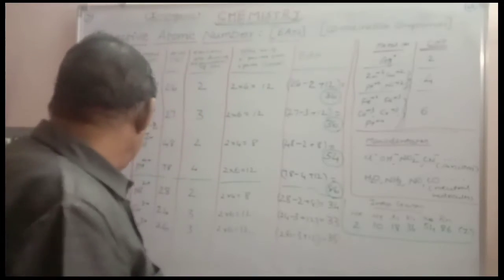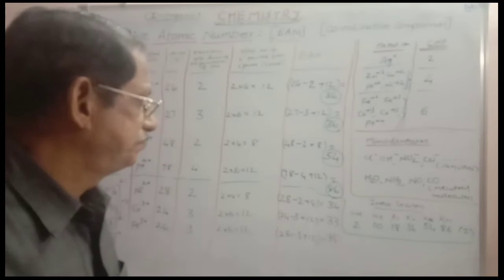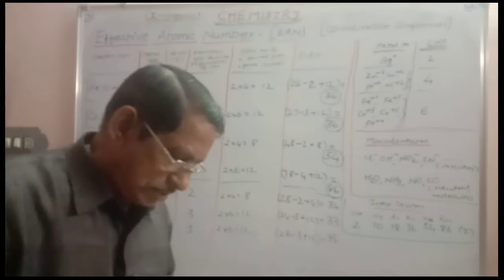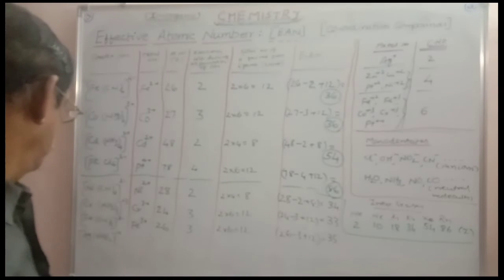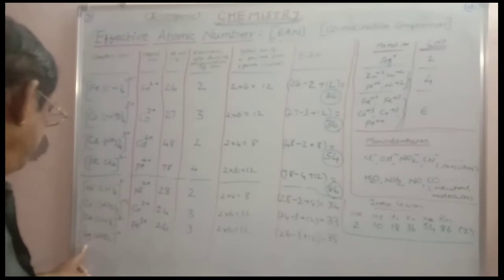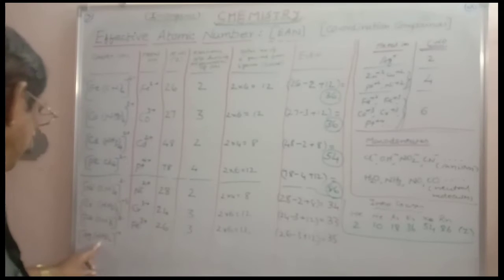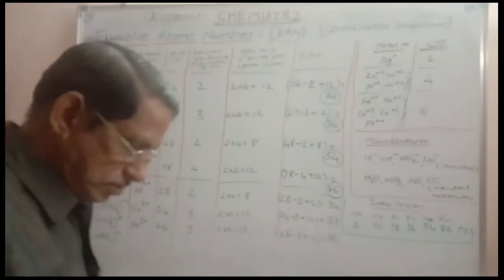Next, we can take the silver ion. Please note it meanwhile. Okay. Let us calculate the diamminesilver(I) ion. This is a very important concept.